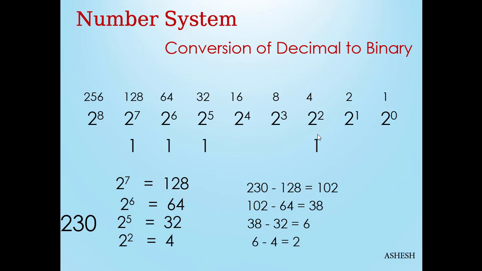Okay, we have 2 to the power 1 equal to 2. So 1 along with 2, and 2 to the power 0 equal to 1 is not needed, so we put 0 in that empty space.